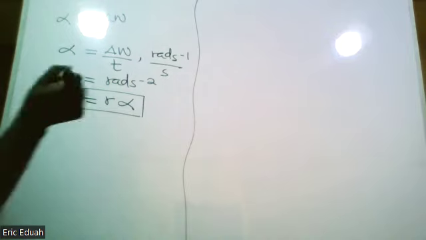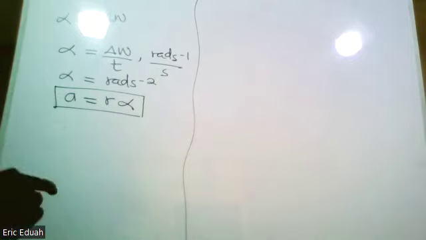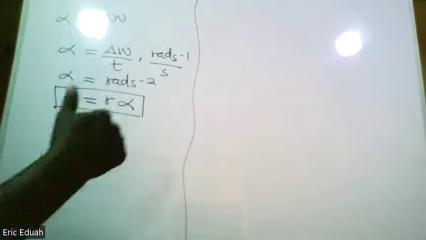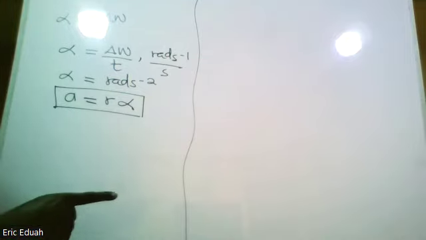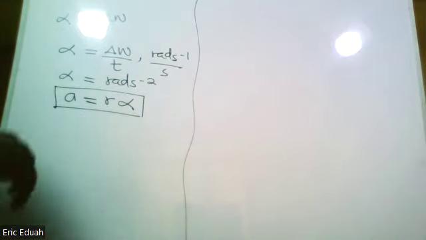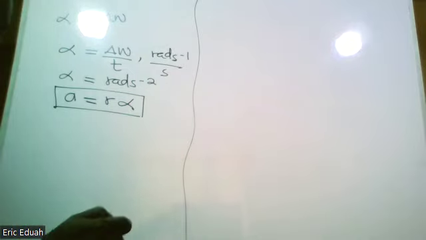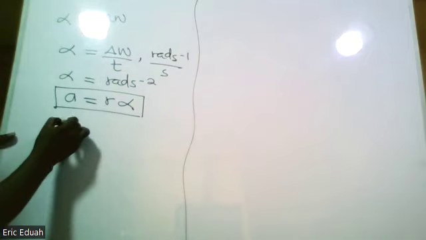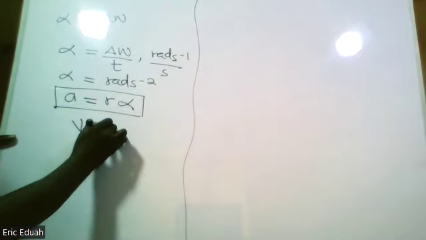We picked on acceleration a, linear acceleration, which is the rate of change of linear speed within the circumference. And then angular acceleration alpha is the rate of change of angular velocity with respect to time. So we picked on how v relates to omega, v equals r omega.